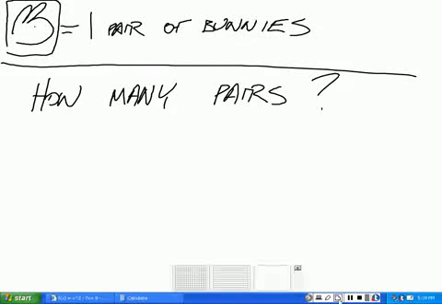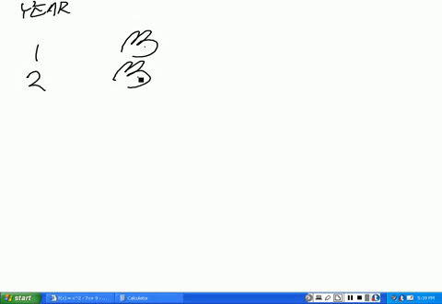Okay, well, let's try to take a look. So let's say in year 1, how many bunnies do we have? Well, I'm going to start off with one pair of bunnies. And we buy these baby bunnies, so they can't produce in the next year.